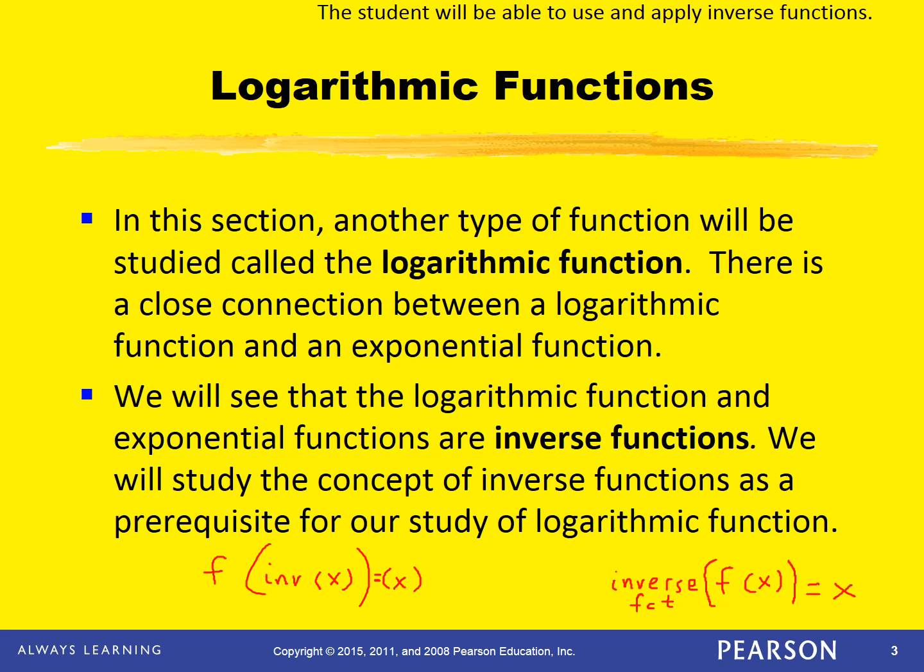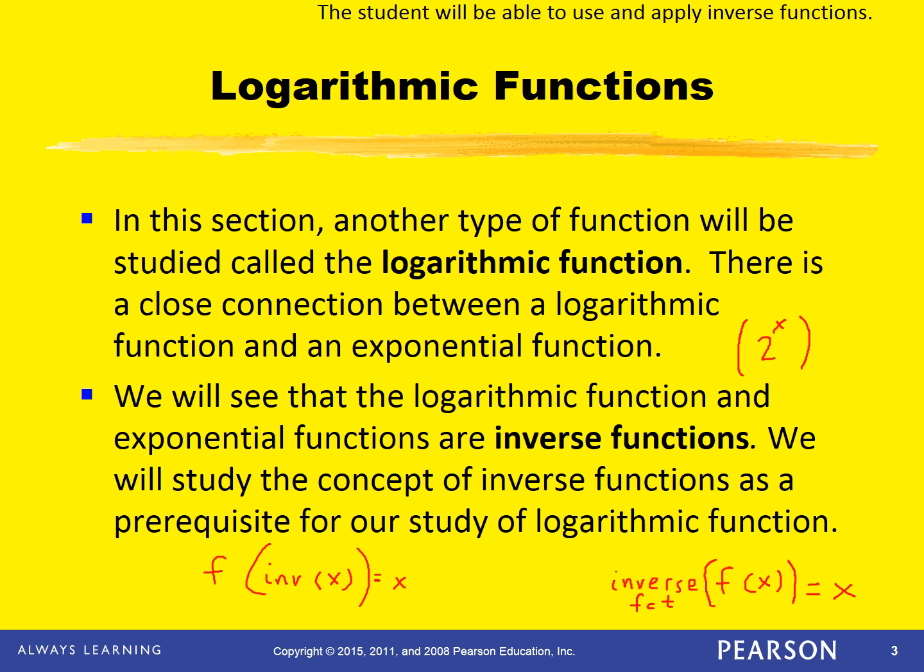Now, they're saying that exponential functions and logarithmic functions are like that. They are inverse functions. And so maybe you've got an exponential function, and it's 2 to the x.